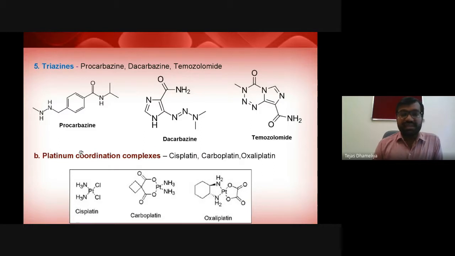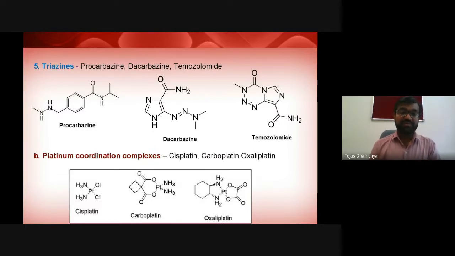Platinum coordinate complexes: cisplatin, carboplatin, oxaliplatin. These are the platinum compounds. Cisplatin is a totally inorganic molecule, which is soluble and has cis geometry in its structure. Cis-bischloro-bisammine platinum(II) is the IUPAC name of cisplatin, and it possesses inhibitory activity like alkylating agents.